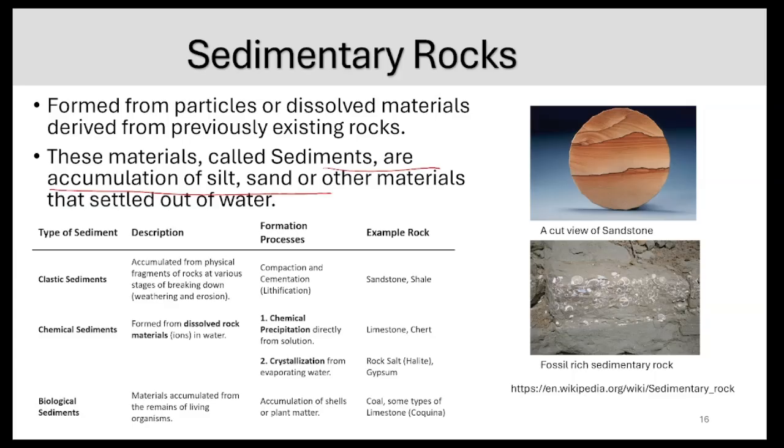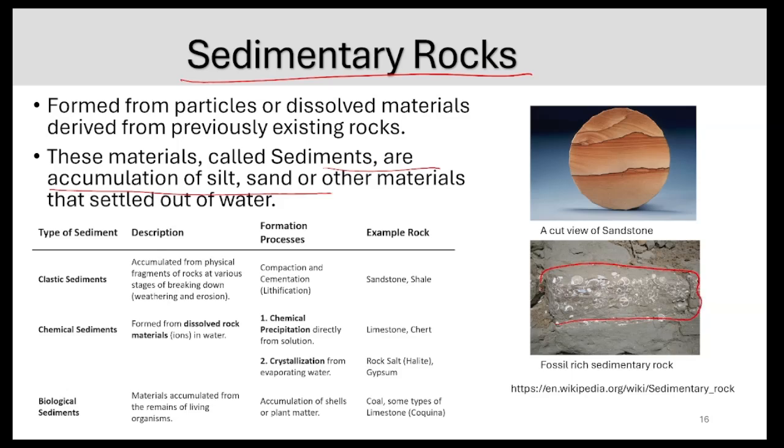So they can be made up of already existing rocks, or from minerals formed from water solution. They can also be formed from precipitated chemicals. And they are the only type of rocks that contain fossils. So sedimentary rocks are where we will generally find fossils.